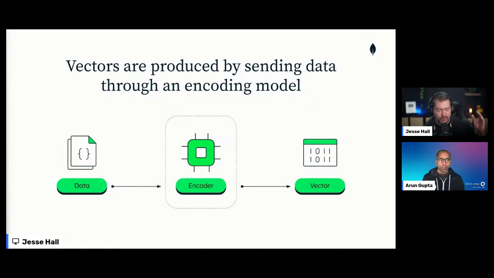And again, going back to why it's so great in MongoDB: let's say you have an existing collection. Let's say it's a book library. You've got all your books in there with your titles, descriptions, authors, all that sort of stuff. And you want to create embeddings for the description of the book so that we can quickly search book descriptions. You can then include those embeddings directly in that same document.